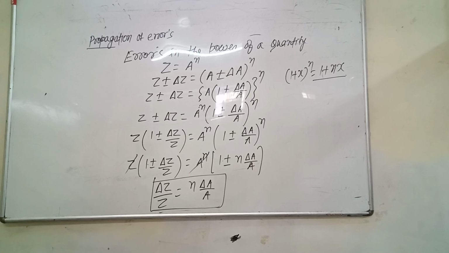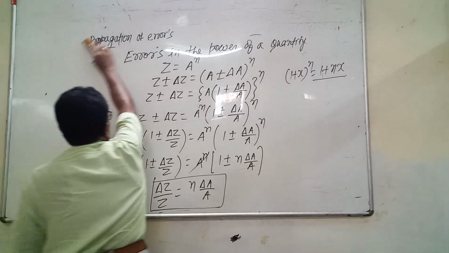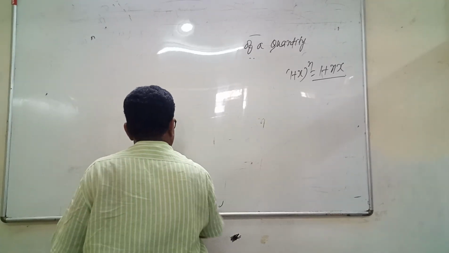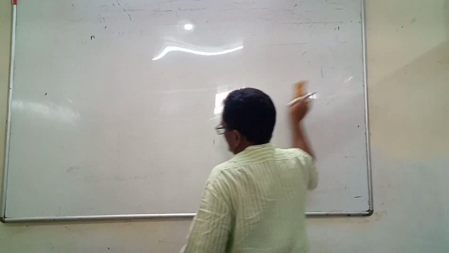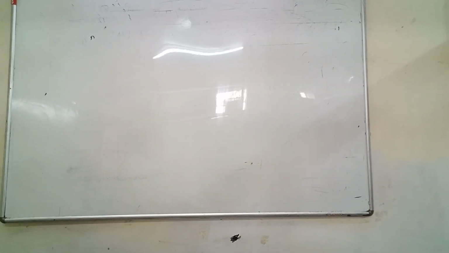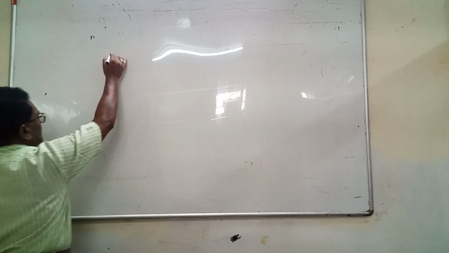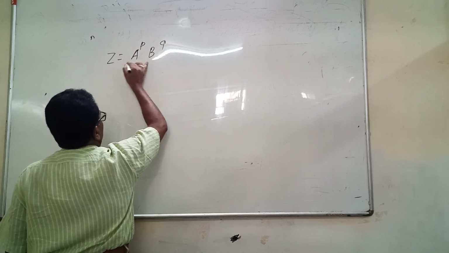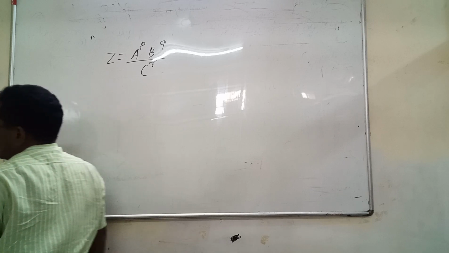Now we will see a special case. We will see one of the special cases when more than two terms are involved, like Z equals a raised to the power p, b raised to the power q upon c raised to the power r.